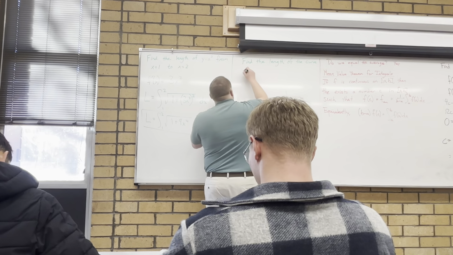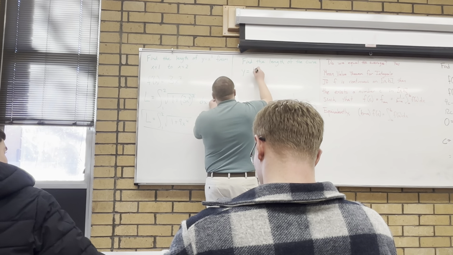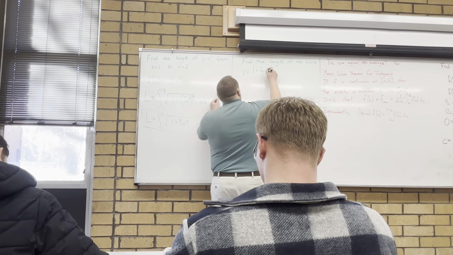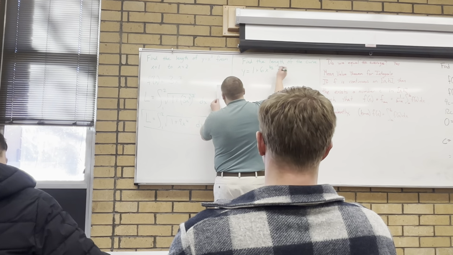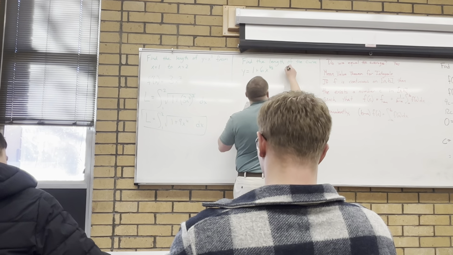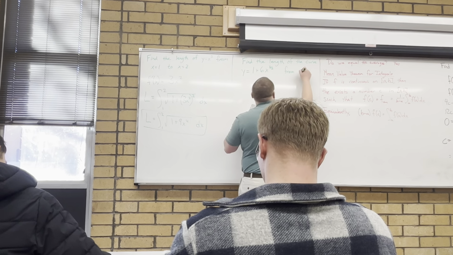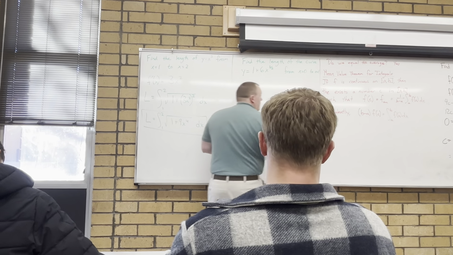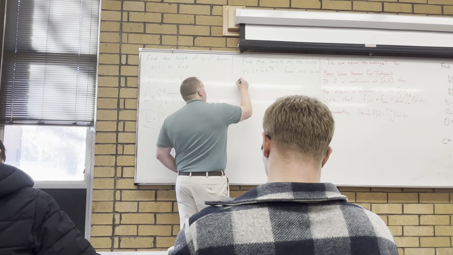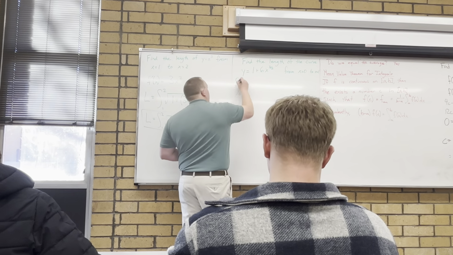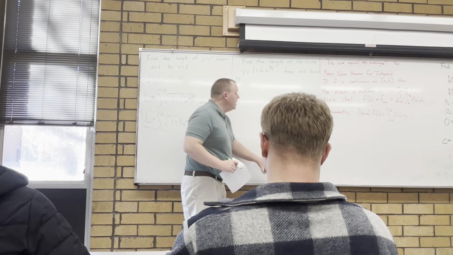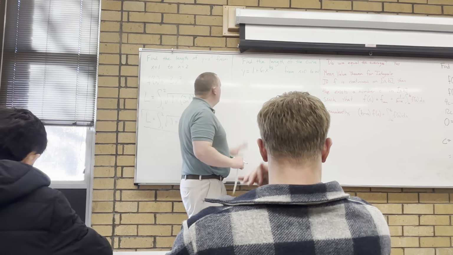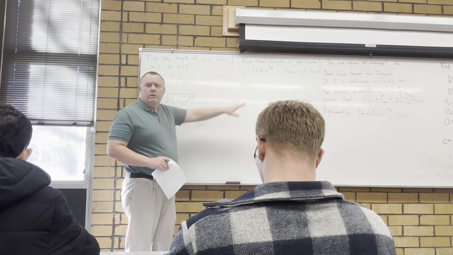Here's our function, y equals 1 plus 6 times x to the 3/2. And we're going to do this from x equals 0 to x equals 1. So we're going to run an integral from 0 to 1. Oh, before we do that, sorry. Before we run the integral, let's go ahead and take the derivative.